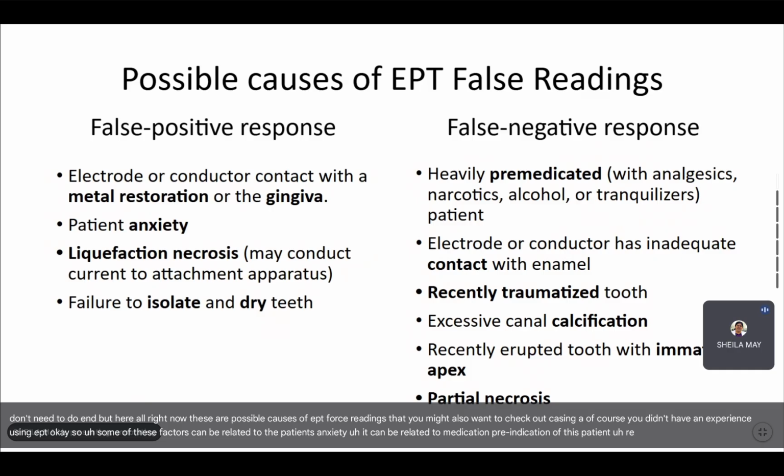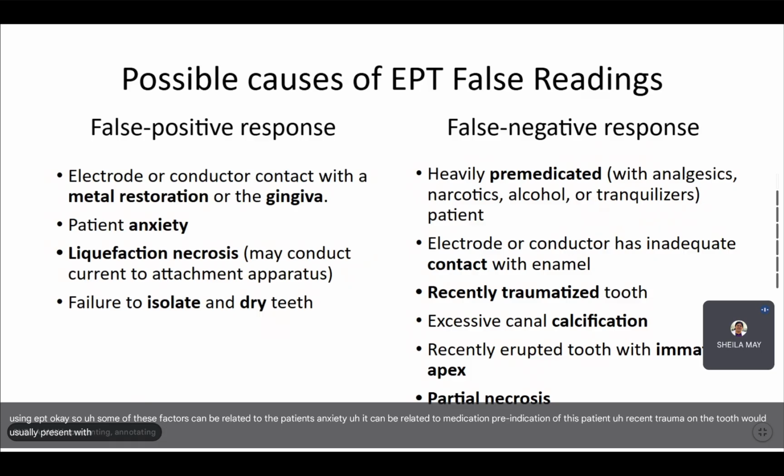Recent trauma on the tooth would usually present with a negative result. You will think that the pulp is already necrotic, but this is why you need to wait before deciding to initiate RCT on a tooth that experienced trauma.